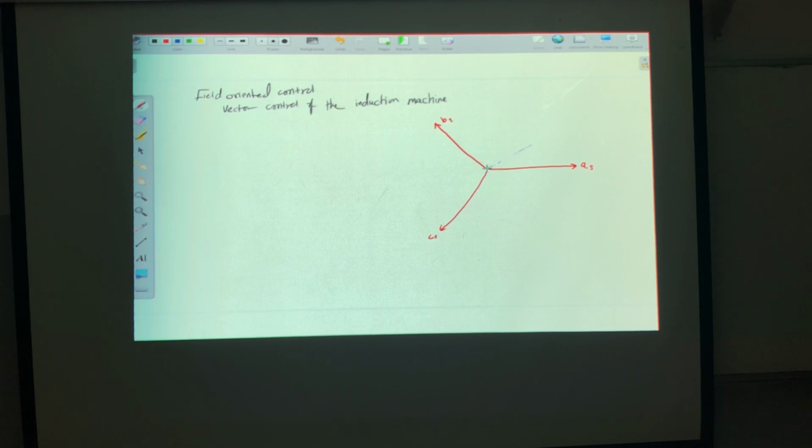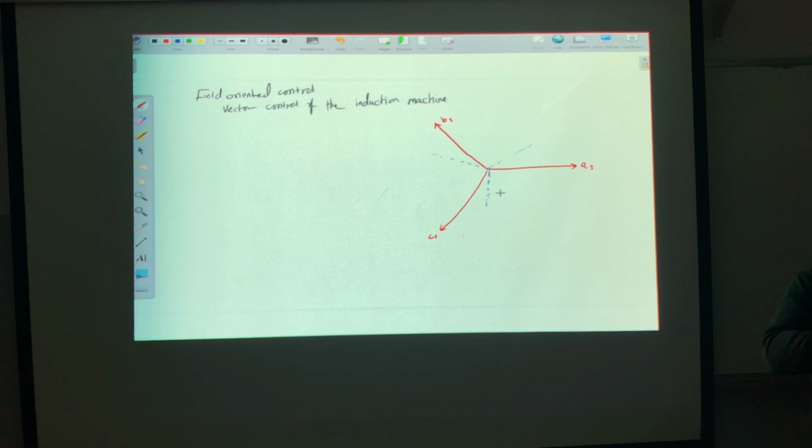Let's assume this is the rotor axis. And without loss of generality, I will assume that the terminals of the rotor are shorted. So either I am using a squirrel cage induction machine or a wound rotor where the rotor's terminals are shorted.